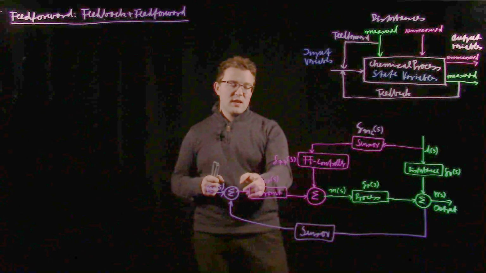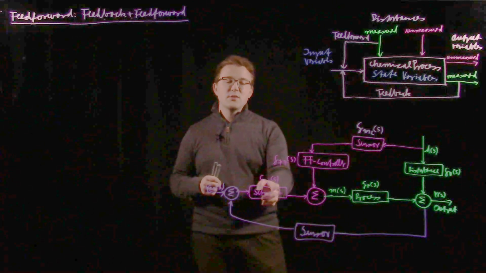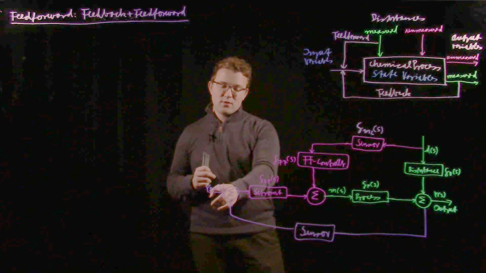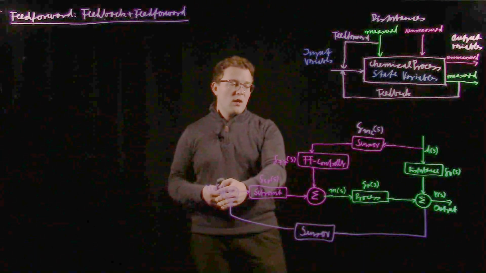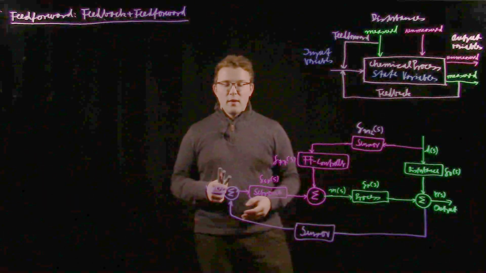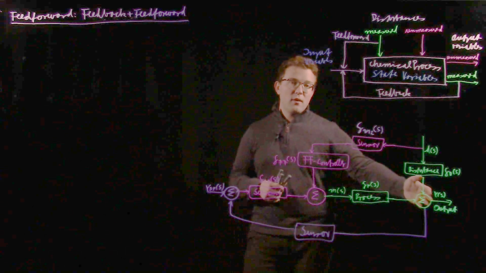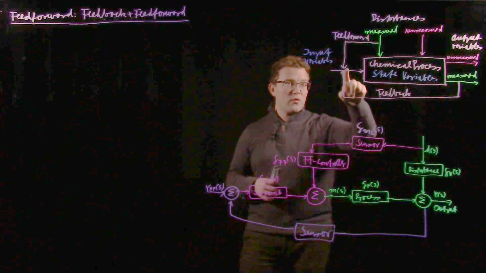And we have the set point, which we are transforming by the transfer function GSP(s) for the set point. Our input ysp(s) is the set point we want to have for our process. And we are also measuring our output in order to create the feedback loop we have over here.